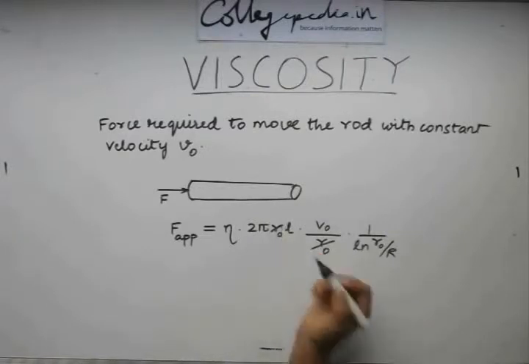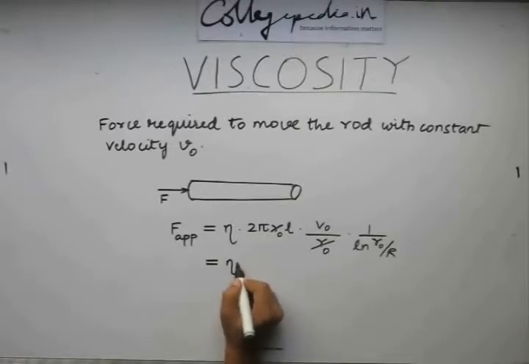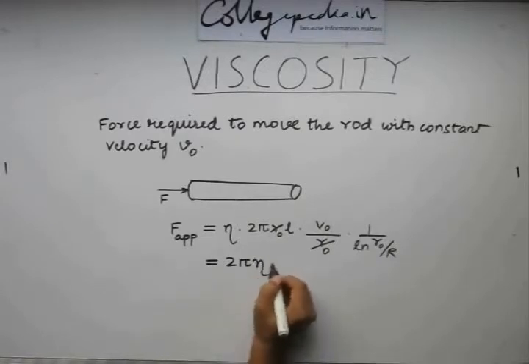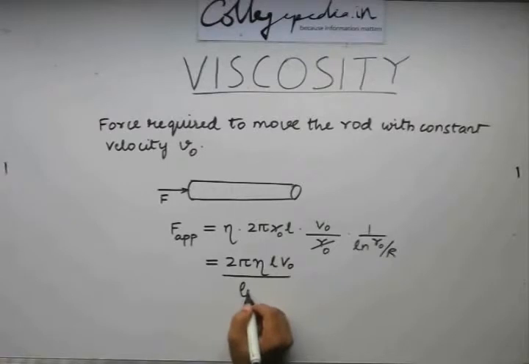This r naught cancels up with this r naught, and we are left with, let us simplify this, 2 pi eta L v naught divided by ln of r naught by r.